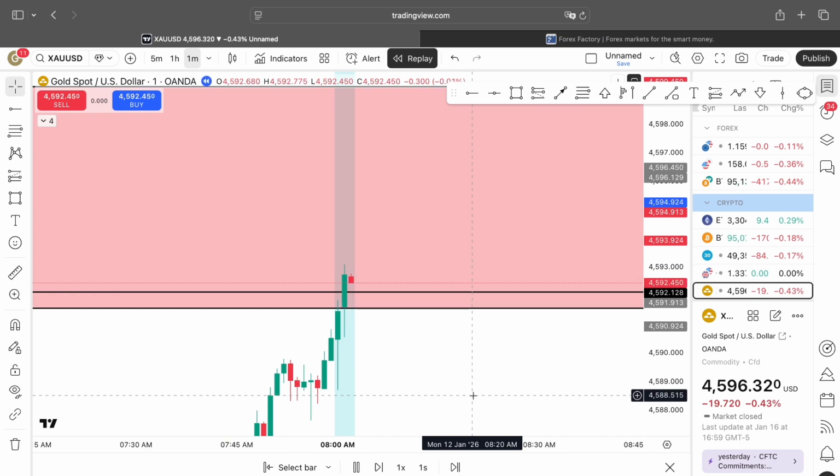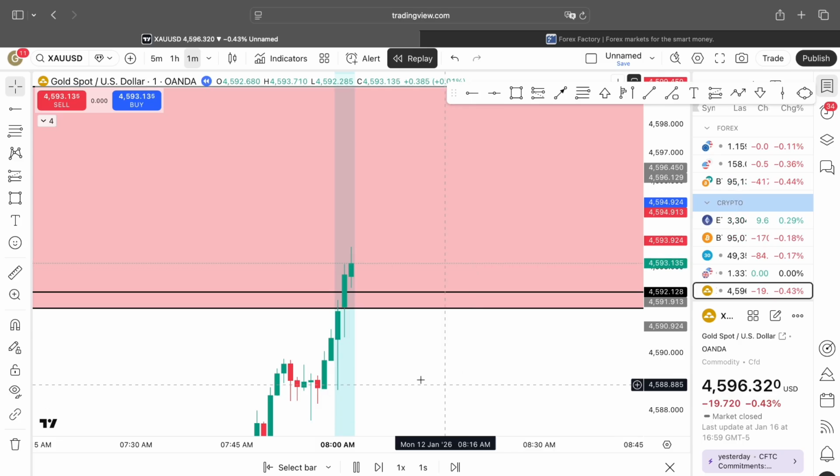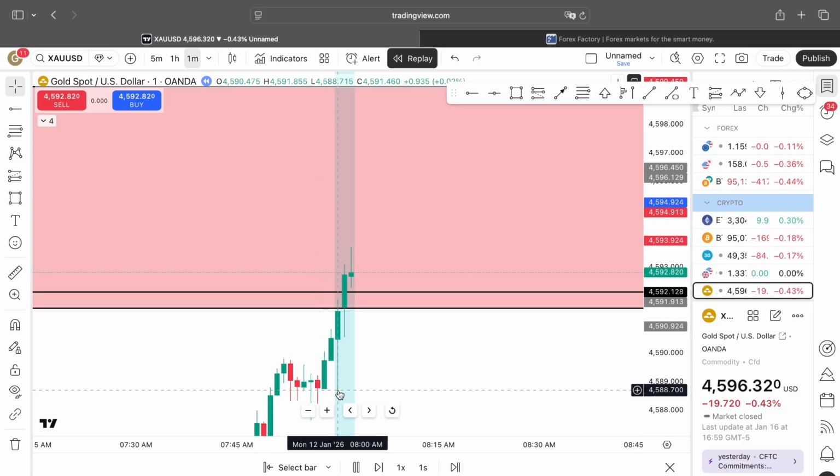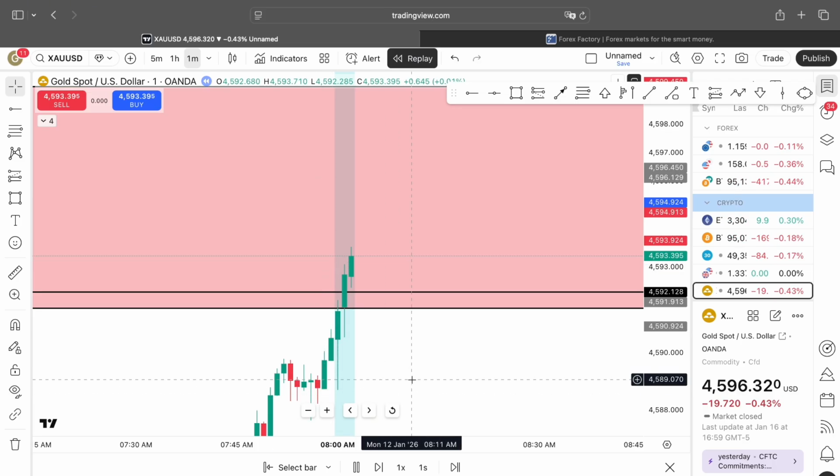Boom. All right, now we're just waiting for the retest. This would have been a good entry. When price came back right here, you could enter right there, but I want to get a little bit of a better entry.